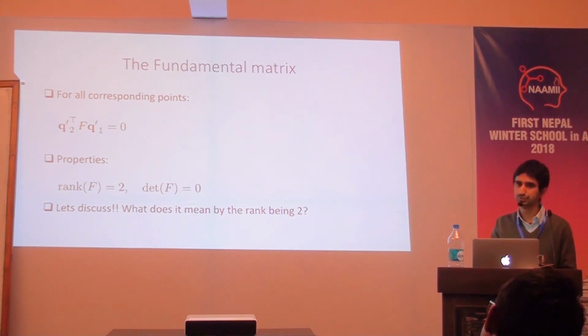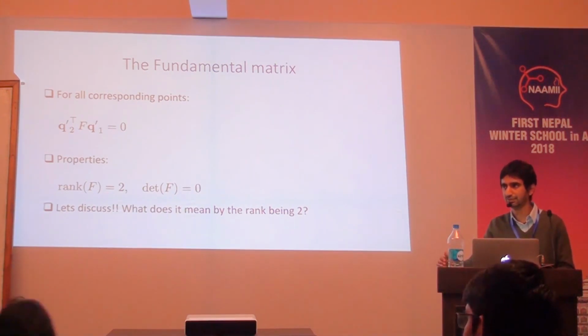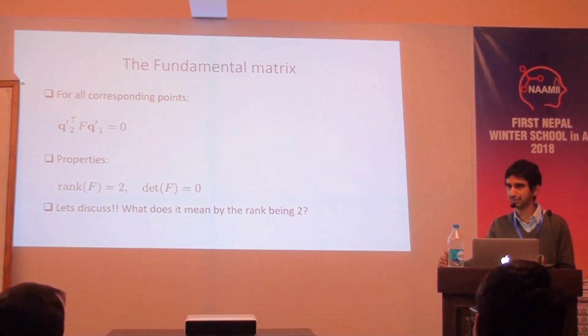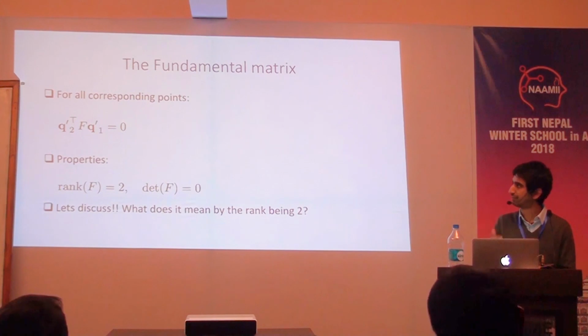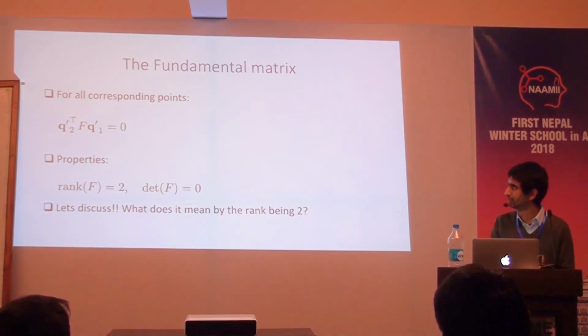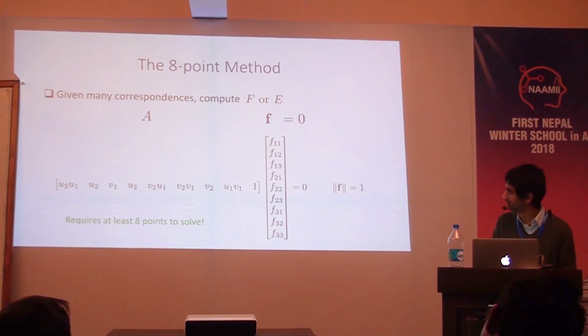But if Q2 and Q1 are variables, these are polynomial equations. This is what you have to see every time you see an equation. People will say polynomial or linear equation, but in terms of what variables? Here, in terms of F as the variable, these are still linear equations if you know Q2 and Q1. And this can be written as this.